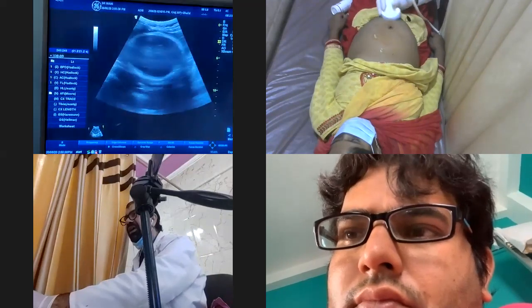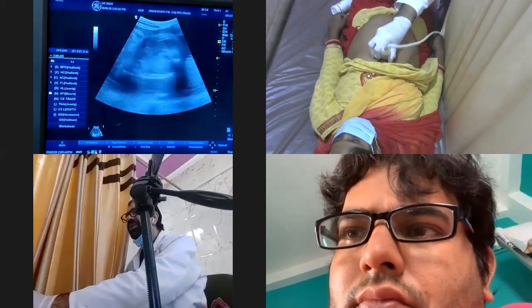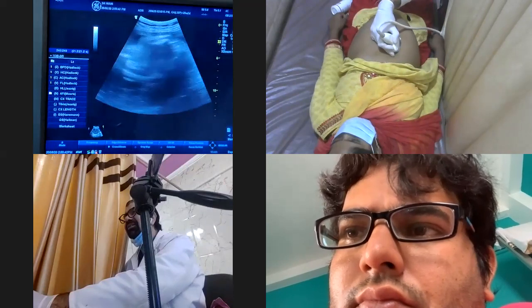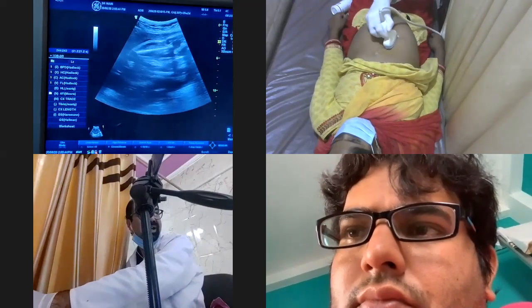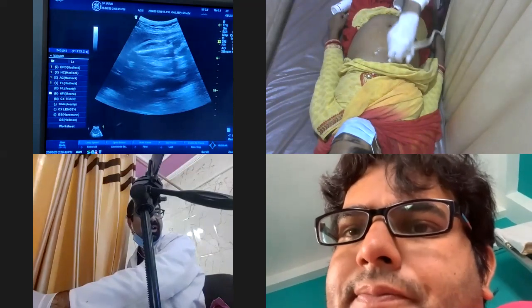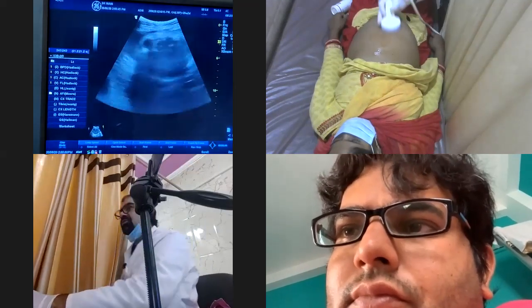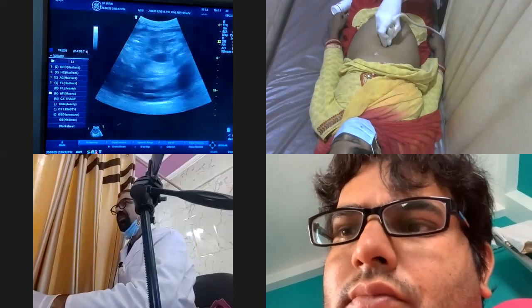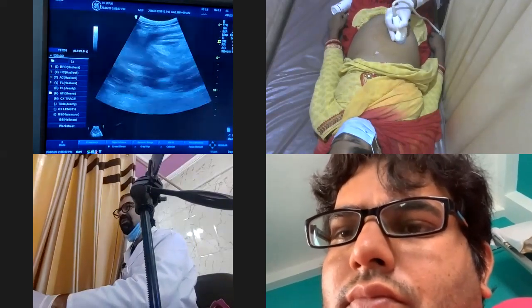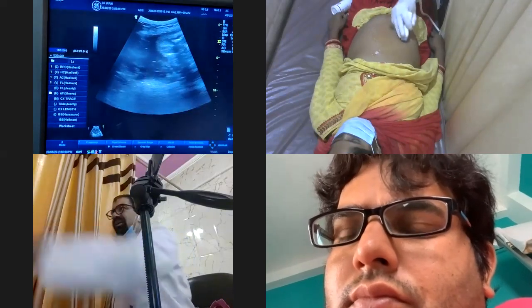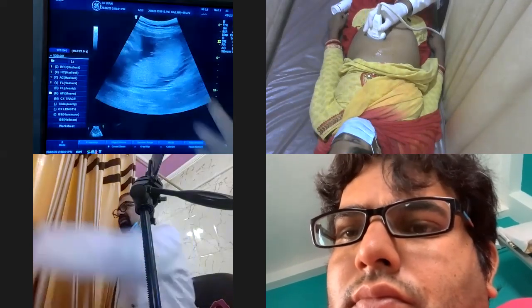Now see, head, abdomen, the femur. Head, abdomen, and femur. So this is how the perimetry of the fetus has to be taken. Now let us see. This is the amniotic fluid over here. This is the placenta over here.